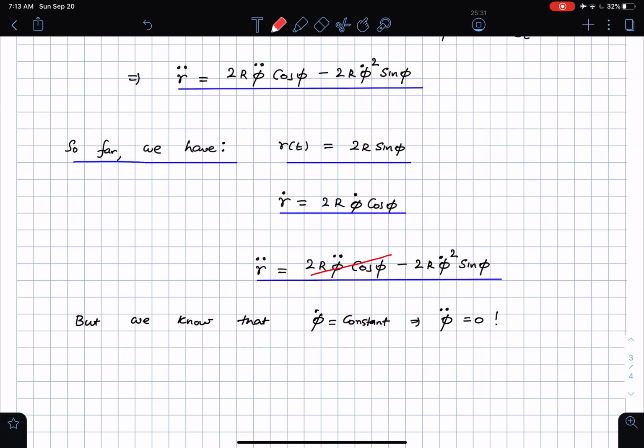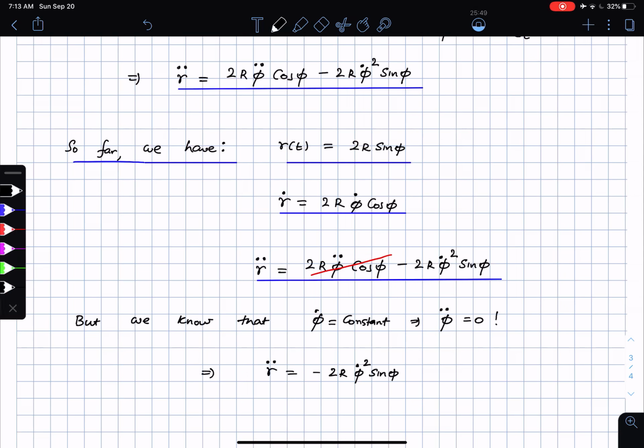Okay, which means that I can rewrite my r double dot in a much nicer way. So this tells me that r double dot is equal to minus 2r phi dot square sine phi. Okay, so let me put a blue line underneath that as well.